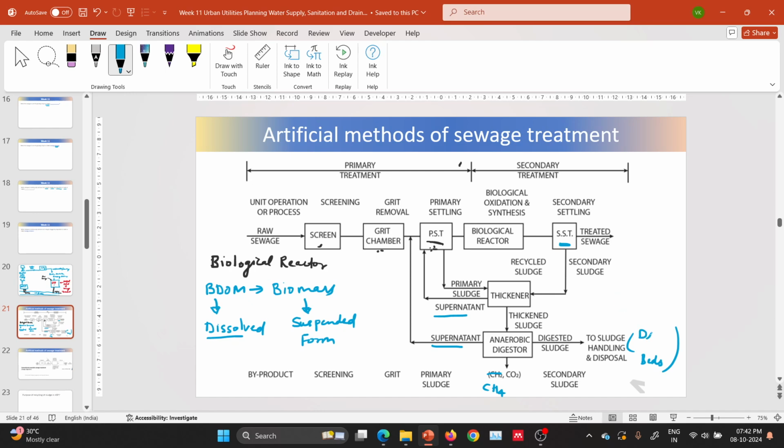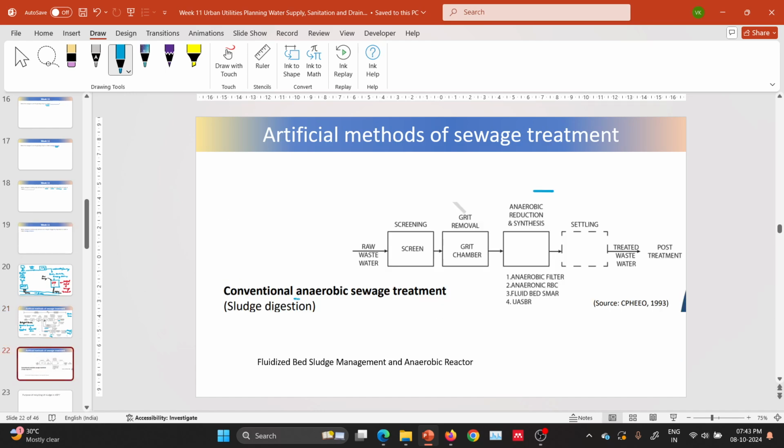These are called sludge drying beds. After that, it can be put over the agricultural fields because it contains nutrients. So this was about the aerobic process. If you are using the aerobic process, then this flow chart is used. So let's see what happens in the anaerobic process.